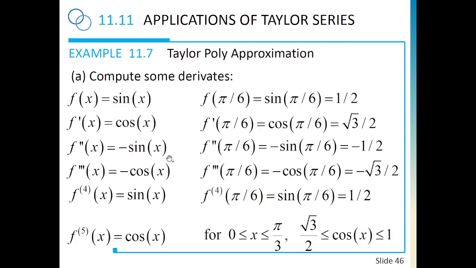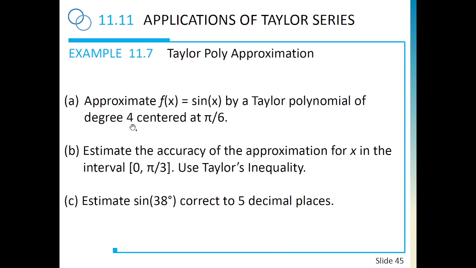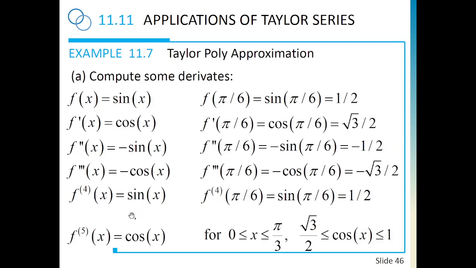So we need a couple of derivatives. Since we need polynomial degree 4, definitely we need 4 derivatives, and then for the error we need the next derivative also. So we compute the derivatives for the sine, all 5 of them, and we evaluate the derivative at pi over 6. This way we get the coefficients for the polynomial, and we know that the error will be involving the 5th derivative.